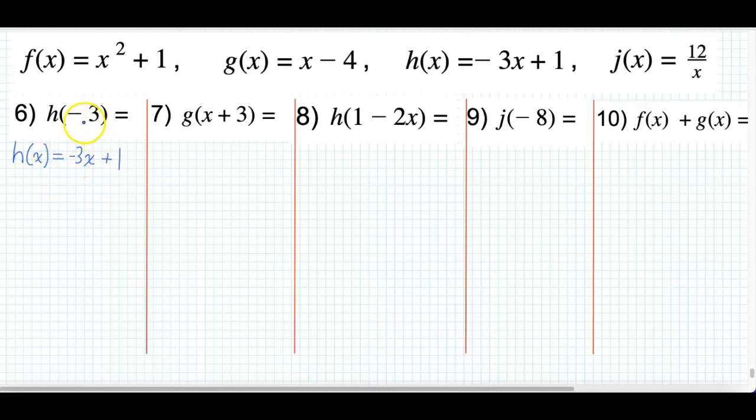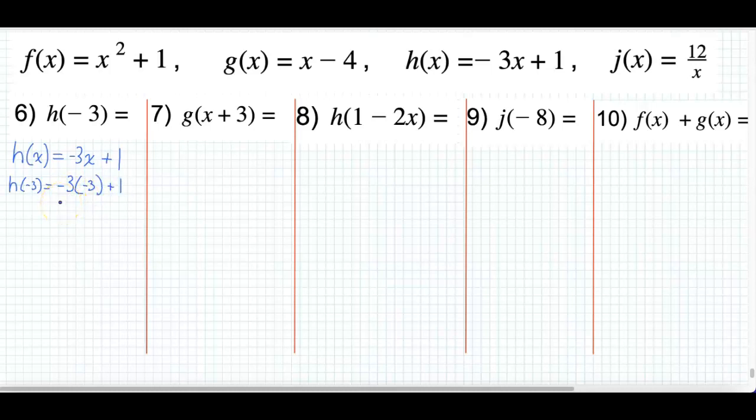So let's look at an example here where we have h of negative 3. This is the input. This is the x value. The x value is the input. So h of negative 3, and I'm going to substitute negative 3 for x. That's my input, right? Okay.